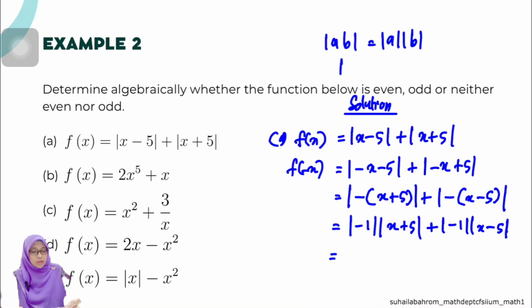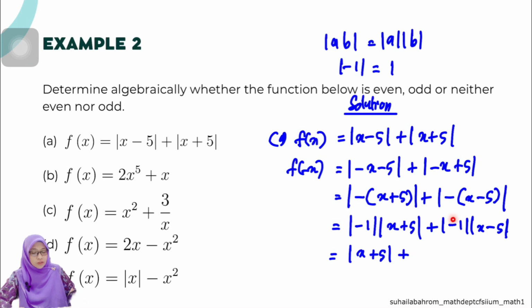The modulus of a negative number is equivalent to a positive number, so the modulus of negative 1 is positive 1. What is left is the modulus of x plus 5 plus, the same goes for this one, the modulus of x minus 5.